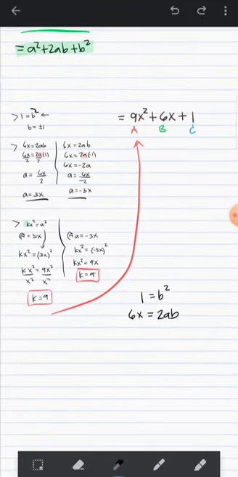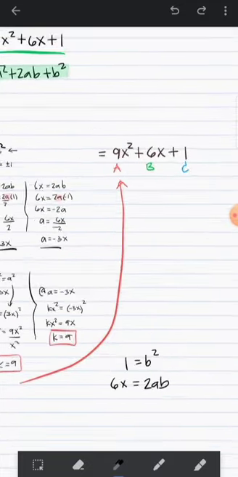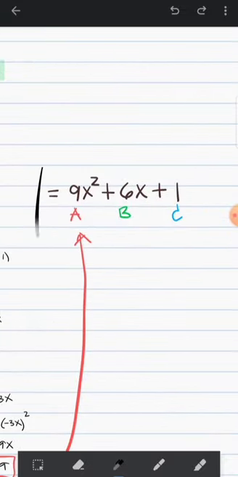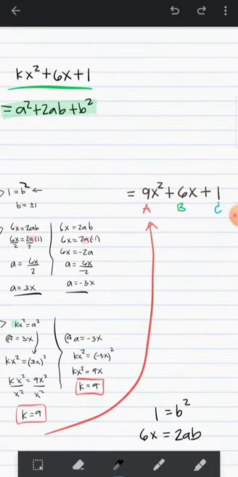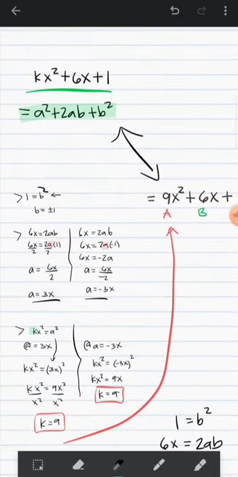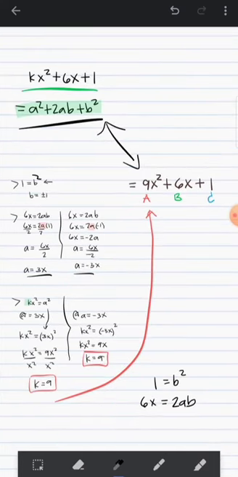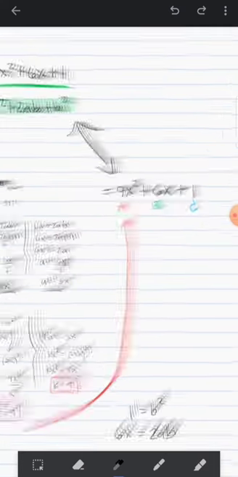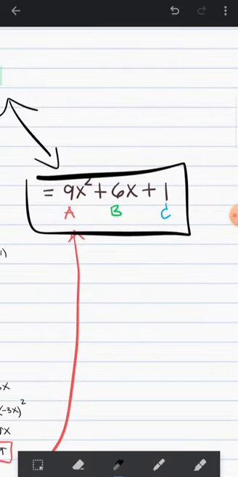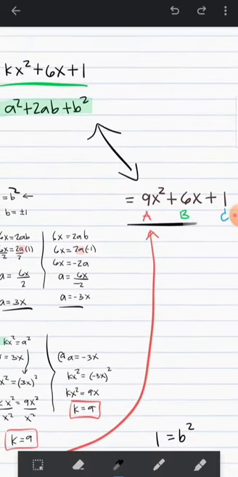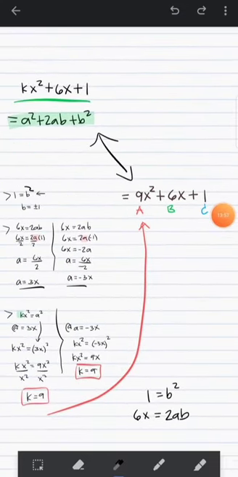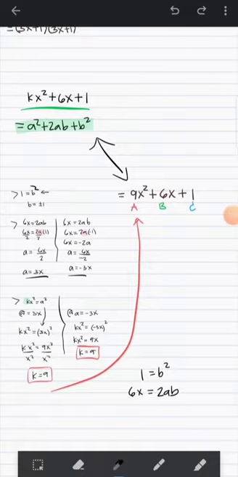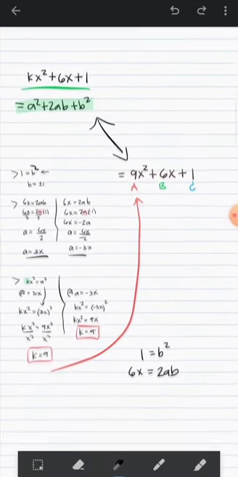I mean, it's pretty straightforward that if you assume that this is a perfect square, then this should follow this format here. Because this is a perfect square, there's a general way to represent a perfect square trinomial, and if you have a given trinomial, you should let this follow this format. Therefore, every term should be equal to each other, right?